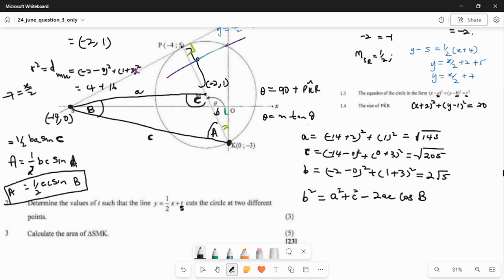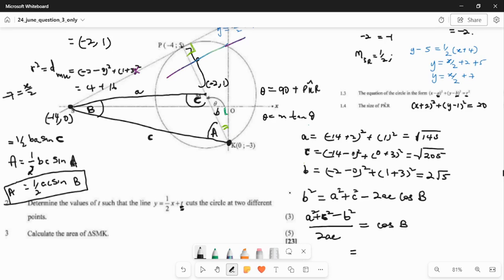So we'll say A squared plus C squared minus B squared, all of that divided by 2AC is equal to cosine B. And then let us do our substitution, and then we'll do our arc cosine to find the angle.